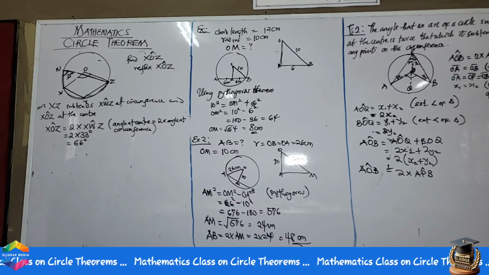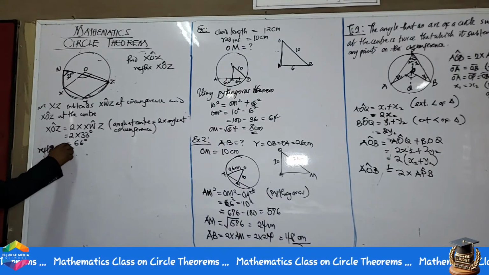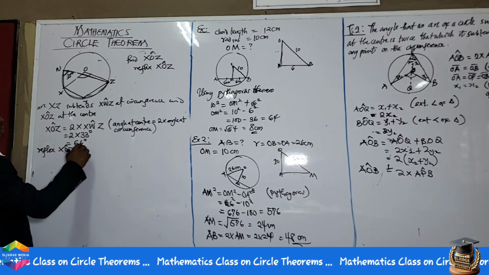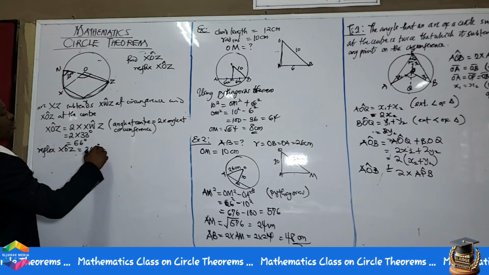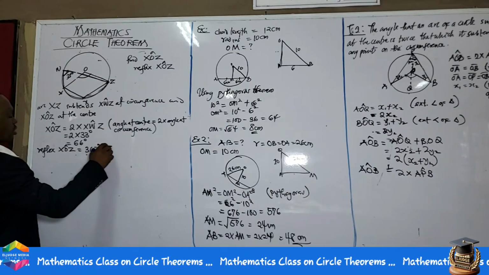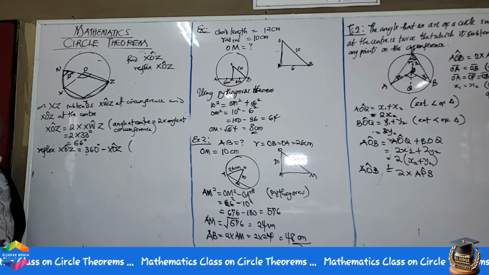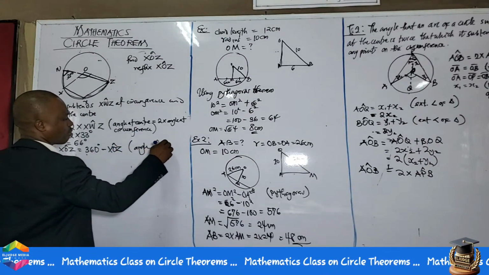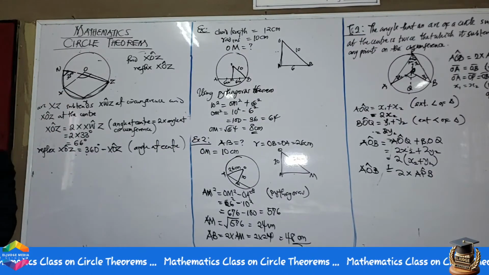In that case, how do we find reflex XOZ? It equals 360 minus XOZ, and your reason is angle at a point.